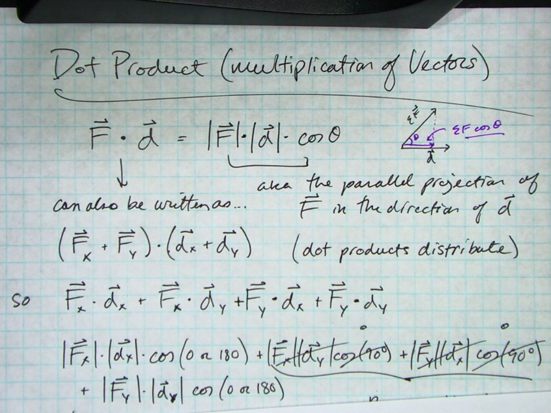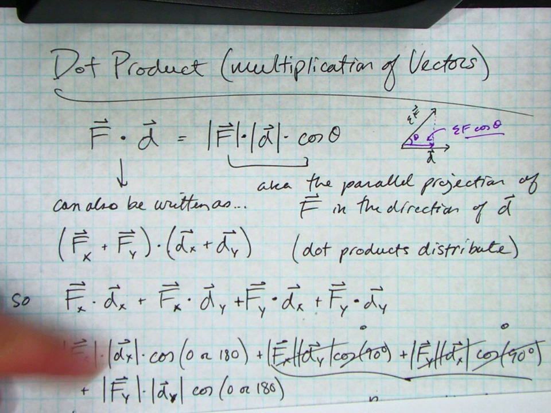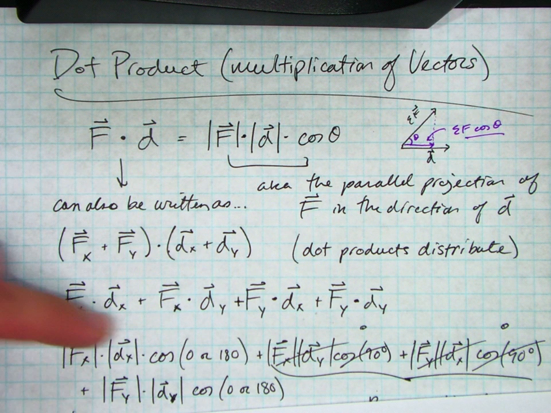If they're both positive or both negative, it's going to be 0. If they're in opposite directions, it'll be 180, so it'll be negative. So we can really treat these as just the force value times the displacement value in the x direction, whether it be positive or negative, and this part becomes kind of moot. I'll show you in a minute.